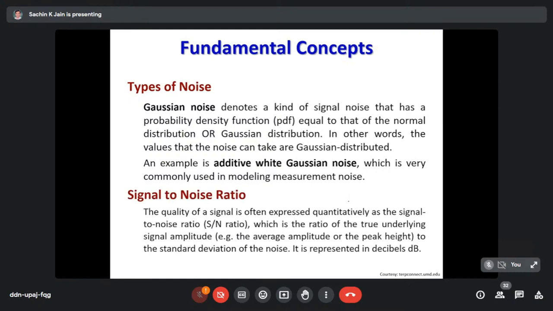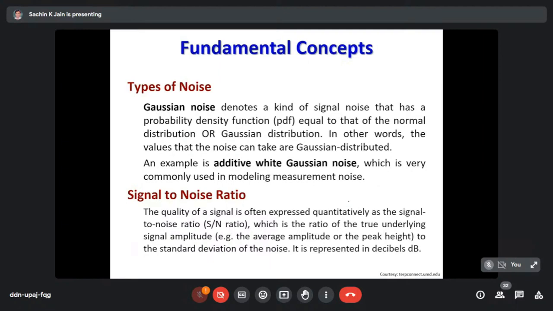So what is the signal to noise ratio? This is how we quantify how corrupted your signal is with the noise. So with respect to the original signal and noise signal, what is their ratio? If the ratio is very good, that means in decibels it should be a very high value.